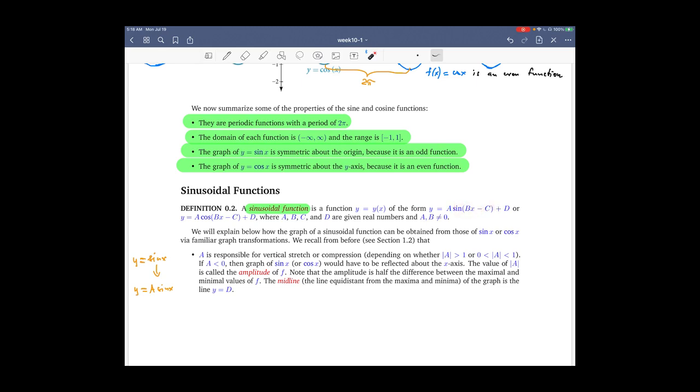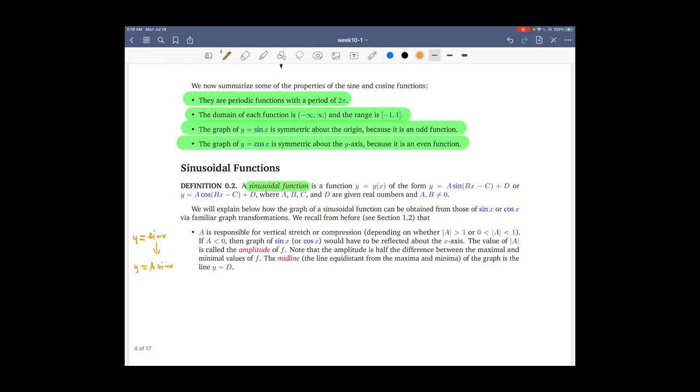So the maximal value of a sine bx minus c plus d is, because the maximal value of sine is 1, the maximal value of this product is capital value of a.